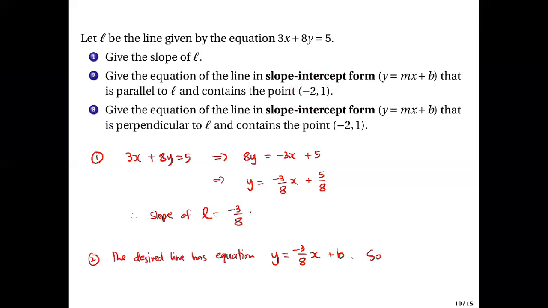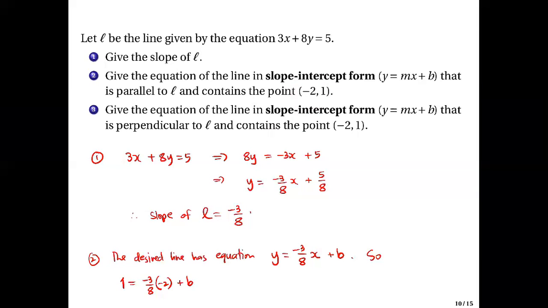So we will have, sorry, it's +1. This is equal to -3/8 times -2 plus b.